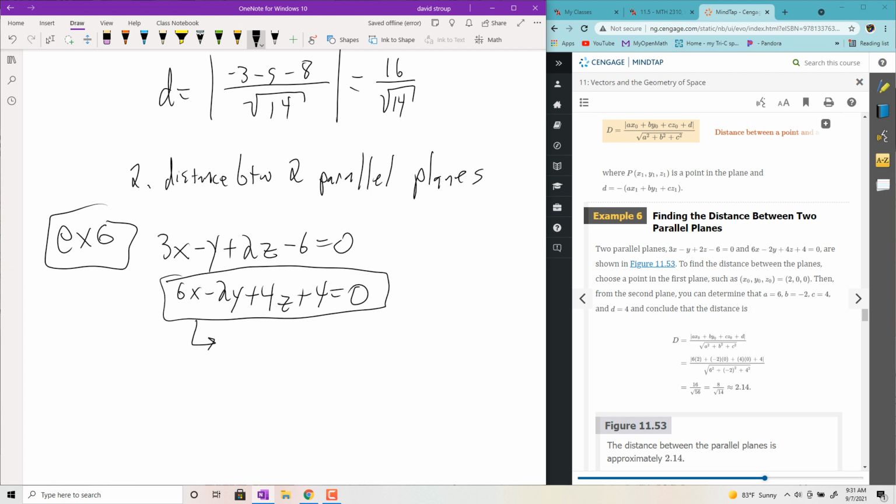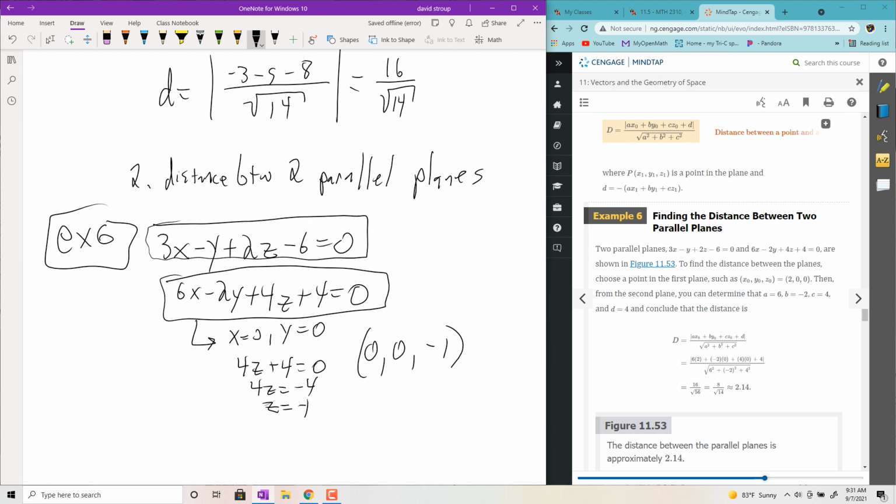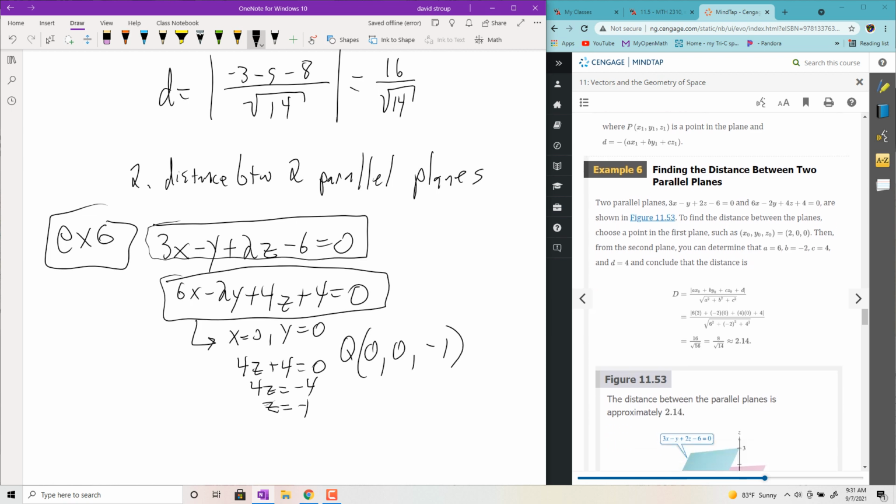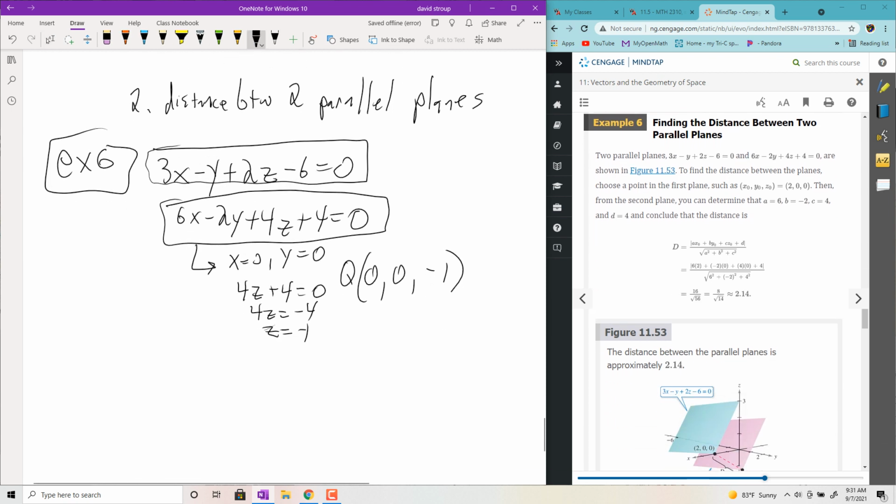So let x equals 0, y equals 0, and so you get 4z plus 4 is 0, and 4z will be -4. So z is -1. So you get the point 0, 0, -1. And then get a point from this plane. So let this point be your Q, and then get a point P from this other guy.